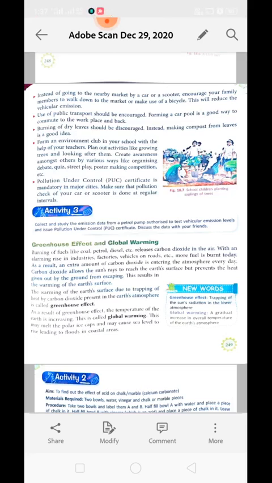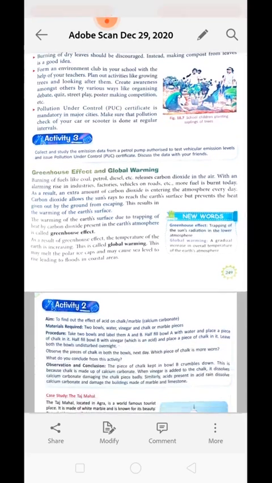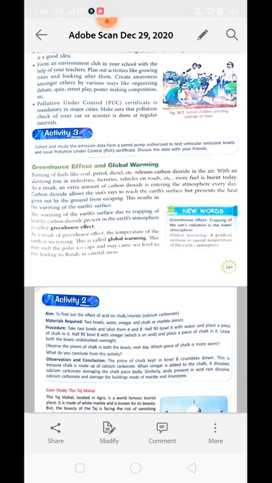Right, now next is greenhouse effect and global warming. We have already learned about the greenhouse effect a little bit. So what is the greenhouse effect? Basically, burning of fuel like coal, petroleum, diesel, etc. releases carbon dioxide in the air. With an alarming rise in industries, factories, vehicles and roads, the fuel which is burned every day is increasing day by day.